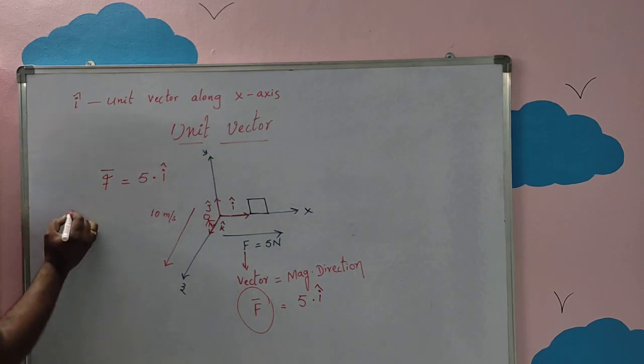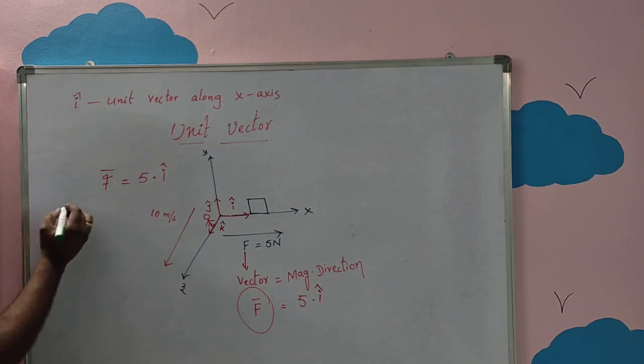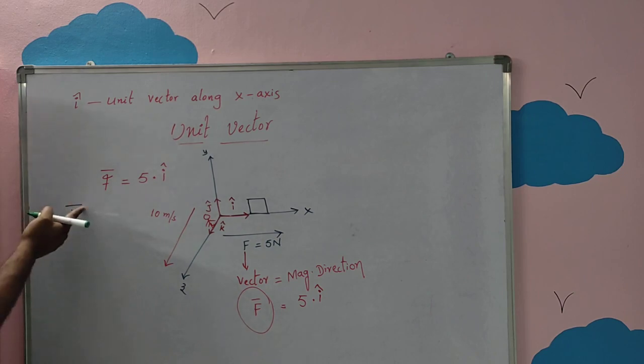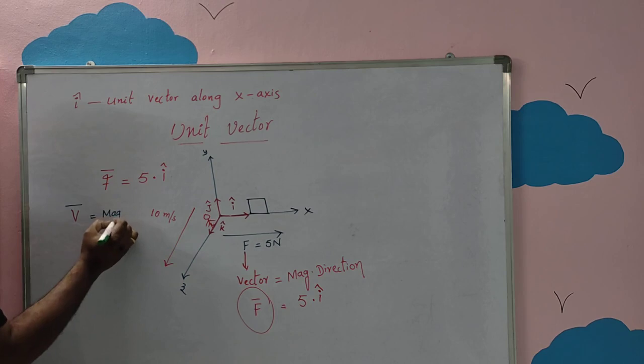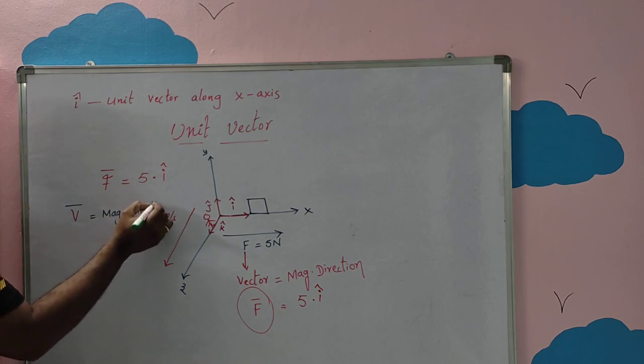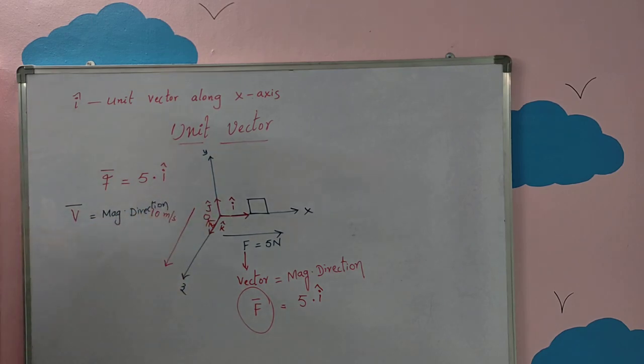You know, velocity is also a vector. If you call velocity a vector, it should have a magnitude, which means value, and also it should maintain some direction. Then only you can call the velocity with which you are running a vector.